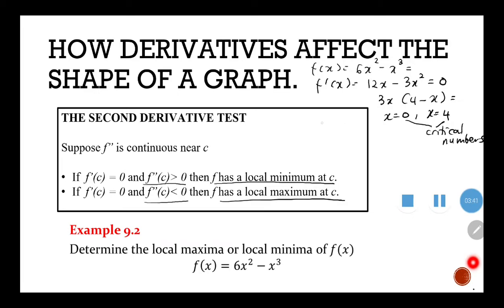Okay, now for f double prime, we differentiate this equation again. So you will get 12 minus 6x. You slot 0 into f double prime, you will get 12, which is larger than 0.